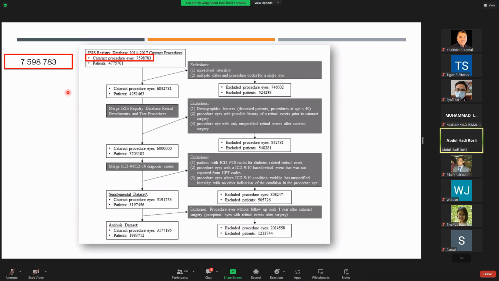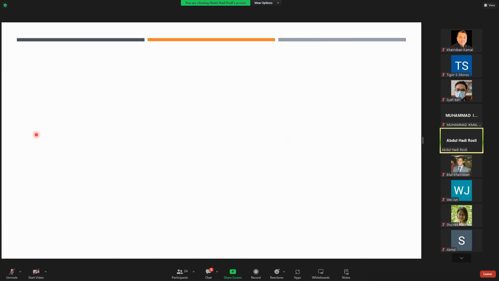So from the 7,598,783 eyes, it comes down to 7,852,781 eyes. Then from this number, cases were excluded according to the exclusion criteria, which left 3,177,195 eyes for the analysis.